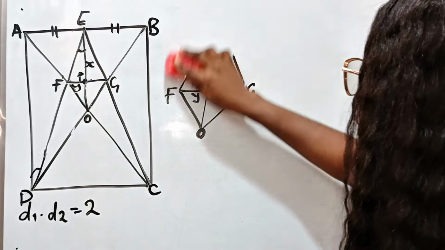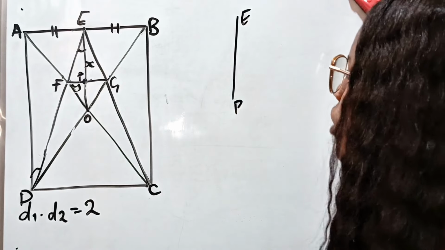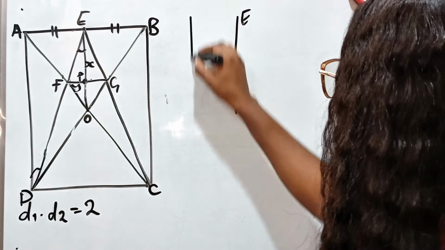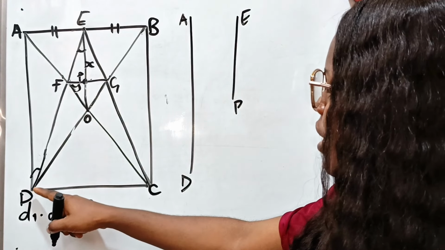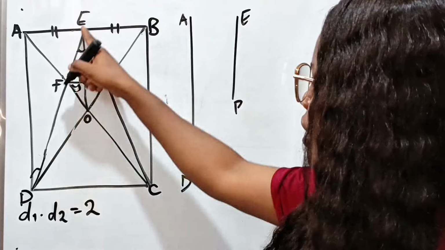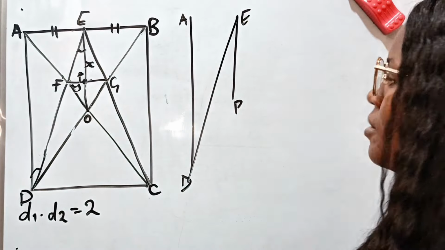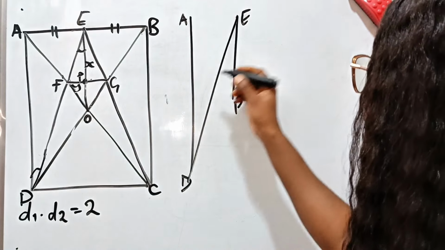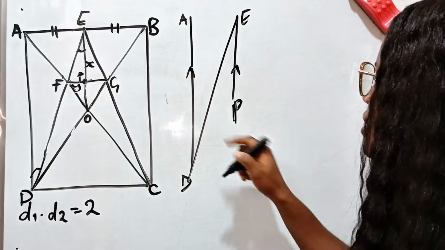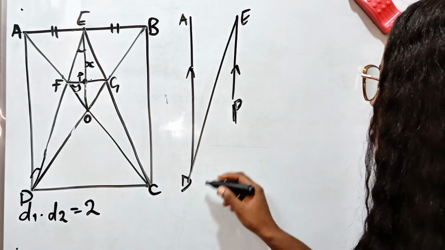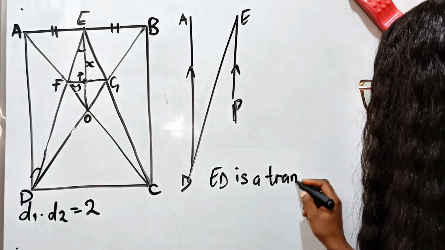This is our EP, and this line is AD, and this line here is ED. ED comes from here and cuts here. So it is obvious that AD is parallel to EP, and ED is a transversal.